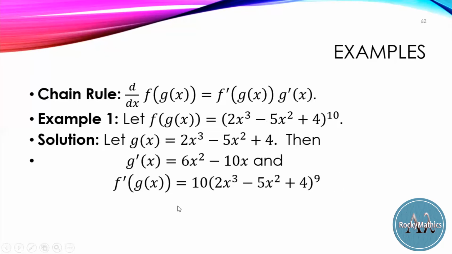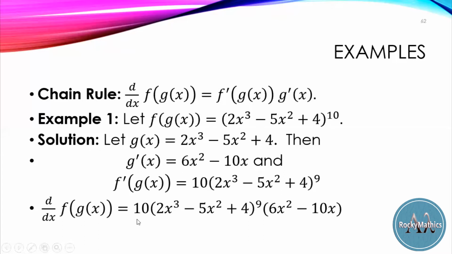So this is actually the derivative of f of g of x. So we already have g prime of x and f prime of g of x, and we are now ready to plug them into the formula that we have.